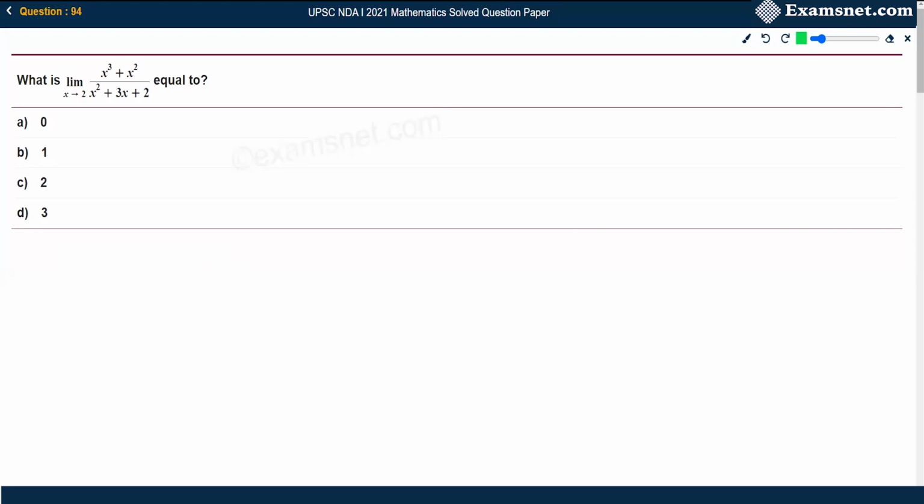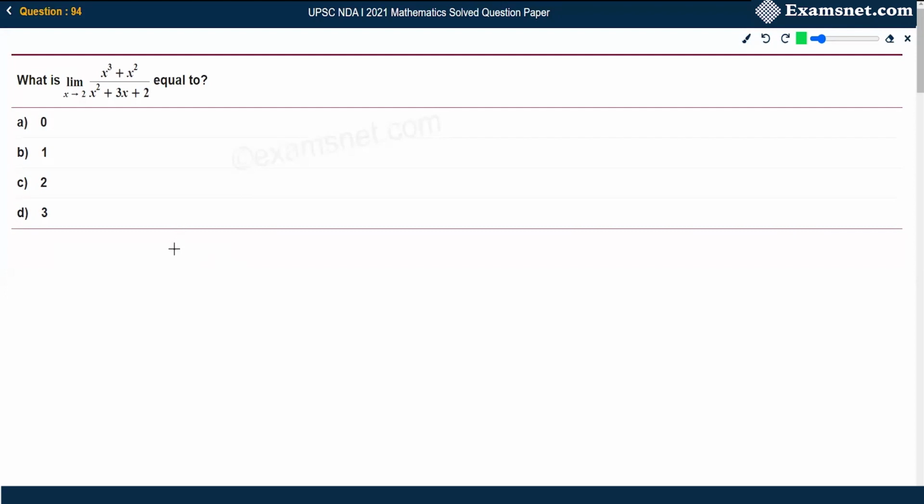First, let's discuss continuity of a function. A function f(x) is said to be continuous at a point x equals a in its domain if the limit as x tends to a of f(x) exists, or if its graph is a single unbroken curve at that point.